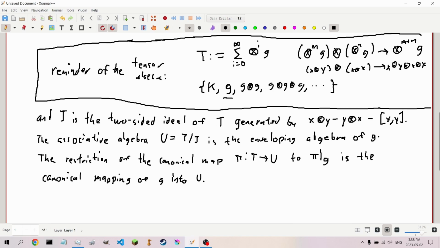And that's what our enveloping algebra is.